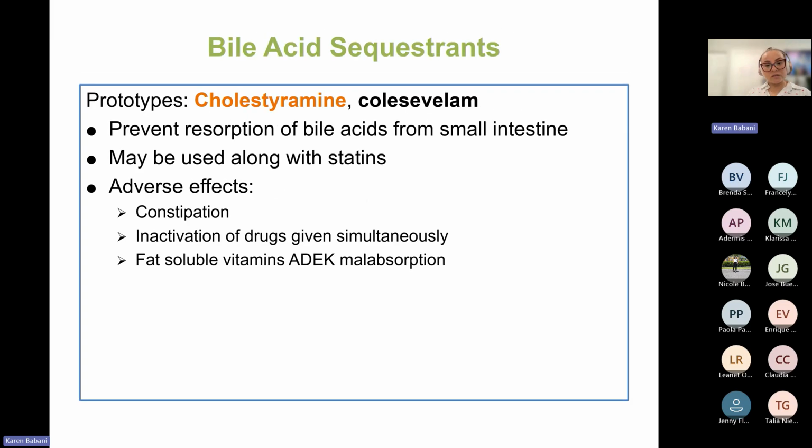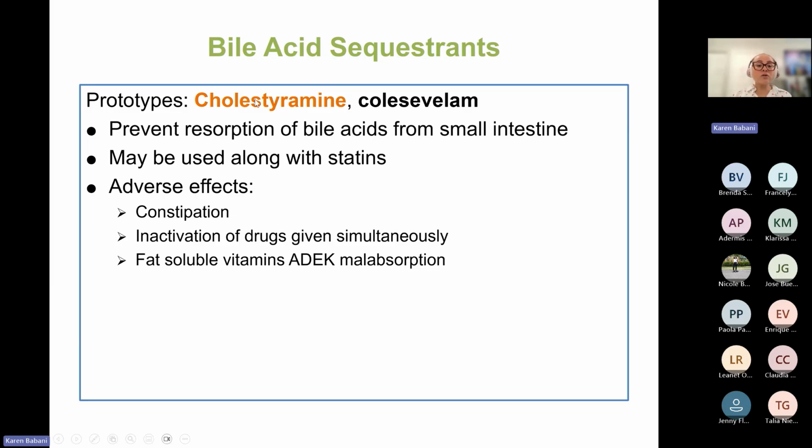Bile acid sequestrants. These are the ones that I was telling you that they kidnap, they grab the cholesterol and they prevent it from being reabsorbed in the small intestine. So they get the bile, and with the bile sequester or kidnap that fat, and then you eliminate it. You do not reabsorb it. Therefore, you are reducing the cholesterol. How do you know?